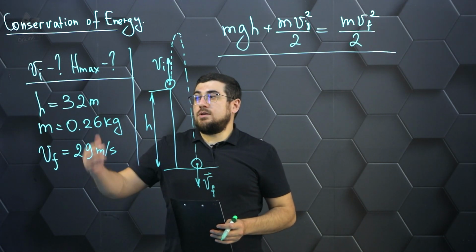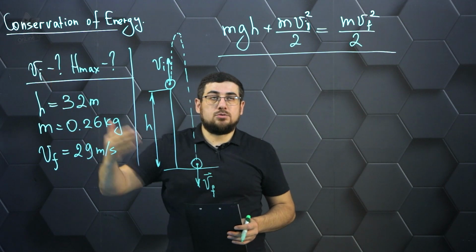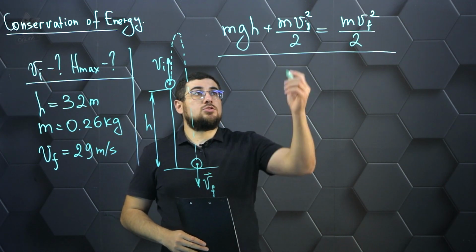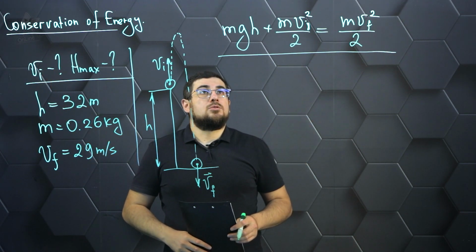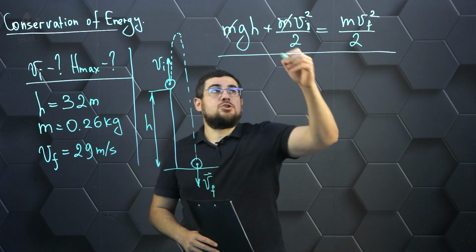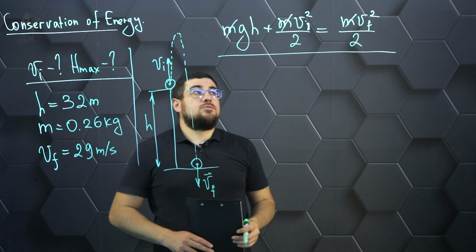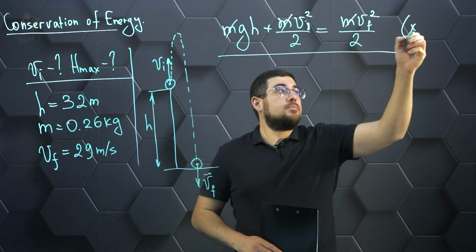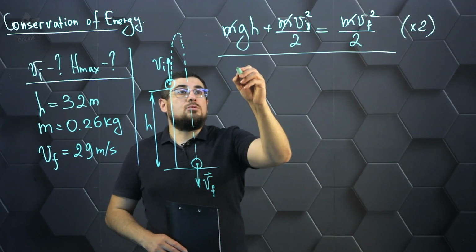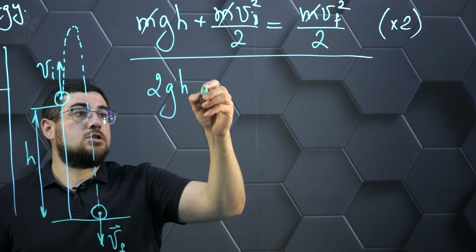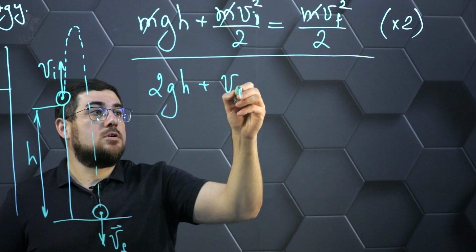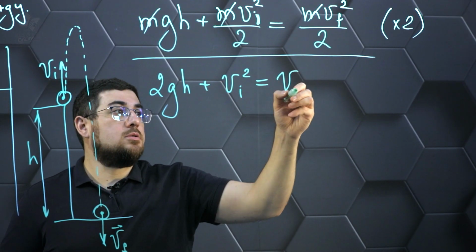What can we find from here? We see that everything is known except the initial velocity. From this equation, we can immediately find the initial velocity. But for this, we can make some simplification. We see that the mass of the body in this case is reduced. And let's multiply all this by 2. So we get the expression 2gh plus the square of the initial velocity equals the square of the final velocity.